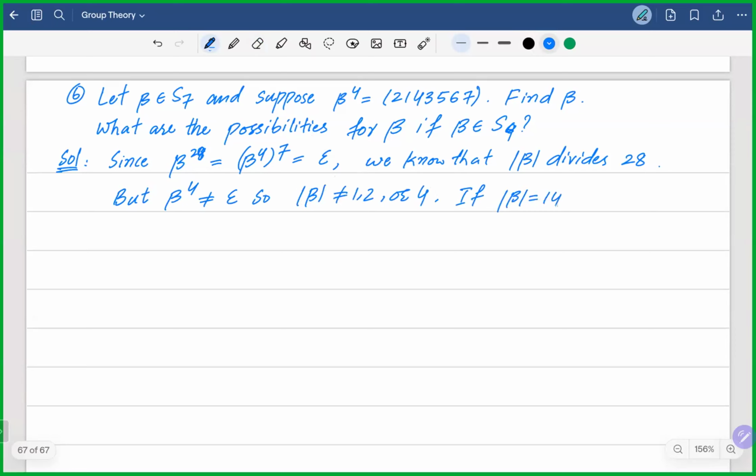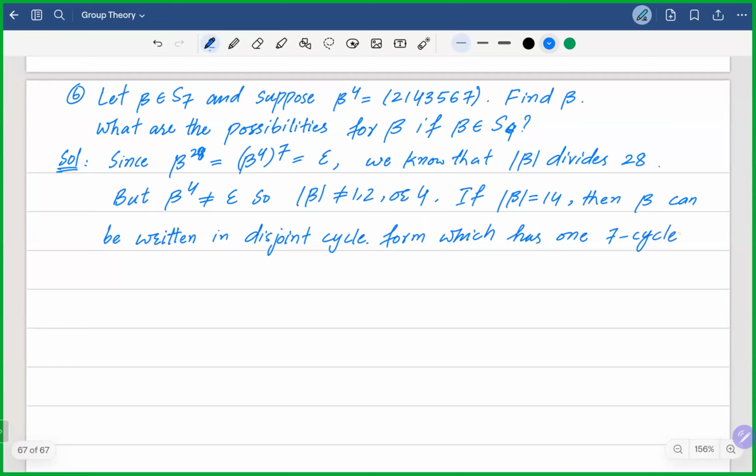Now, if the order of beta is equal to 14, then beta can be written in disjoint cycle form which has a 7 cycle and a 2 cycle.